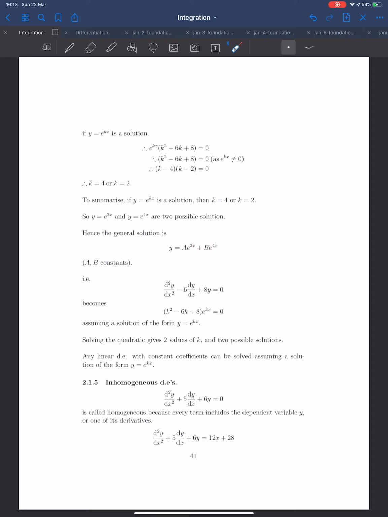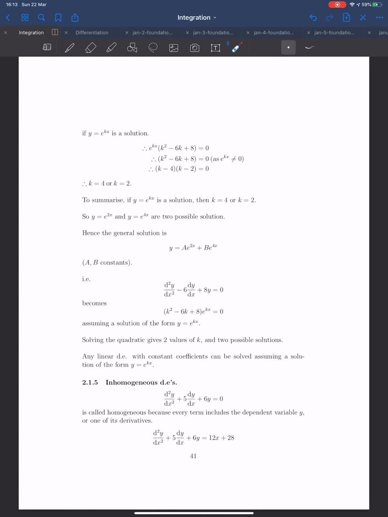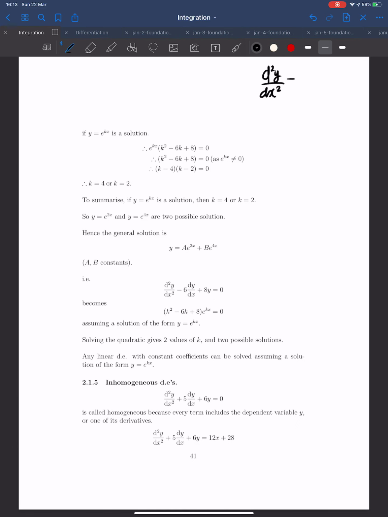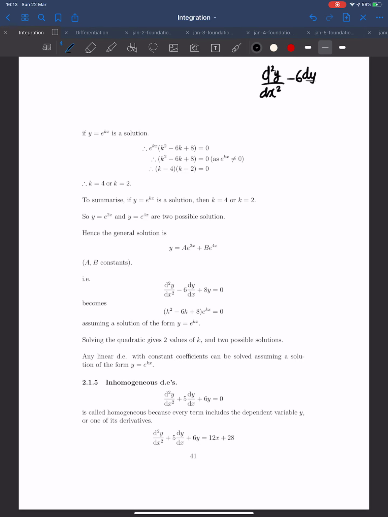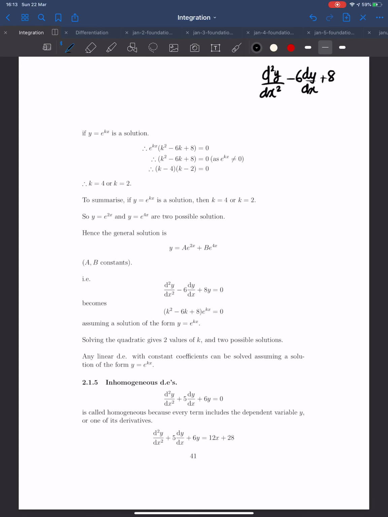So the key to solving these is the shortcut. If you've got d2y by dx squared minus 6 dy by dx plus 8y equals 0, you can straight away say that's the differential equation.